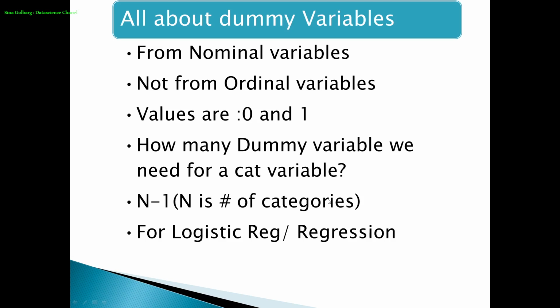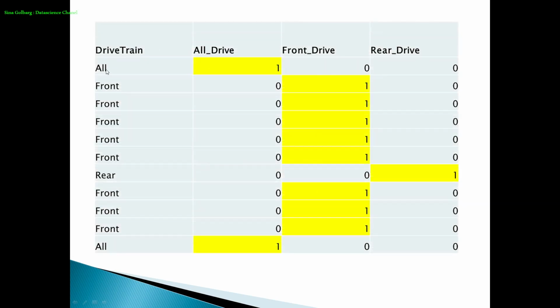Let's have an example here. I have a car data set from SAS, and I took a variable called drivetrain. This drivetrain could be all-wheel drive, front, or rear-wheel drive. As I said, if you have three categories, you need only two dummy variables. But for the sake of simplicity, I added another one.